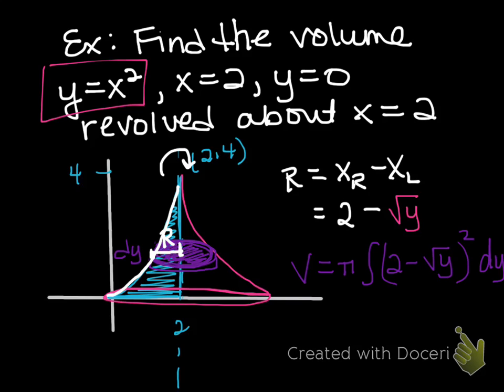And since we are integrating with respect to y, we are stacking our disks up along the y-axis, so that means we are integrating along the y values. Our lower boundary for y is y equals 0, and we go up to y equals 4. Okay, so there is our integral setup.